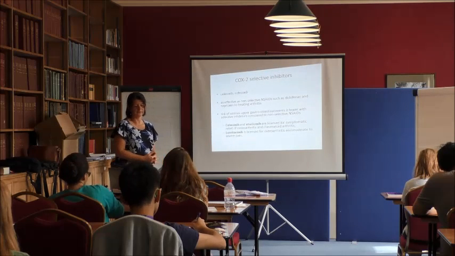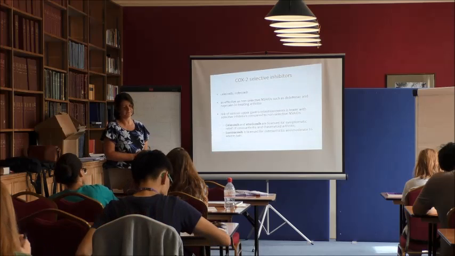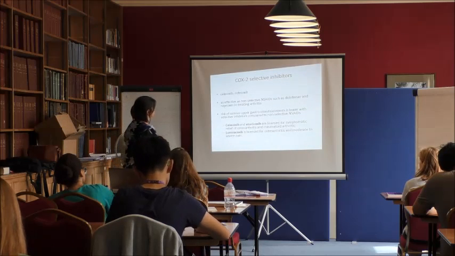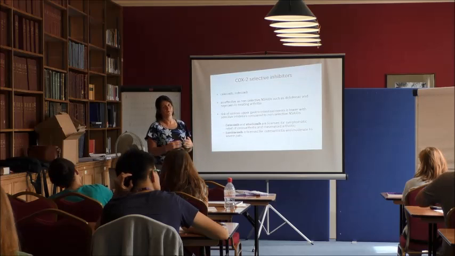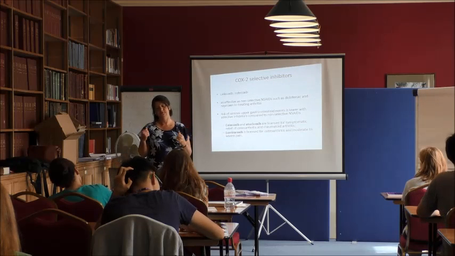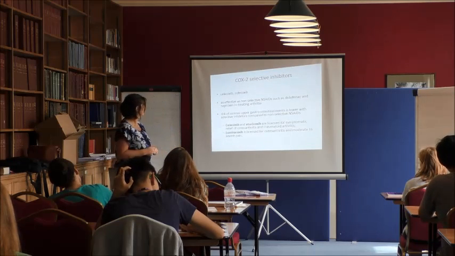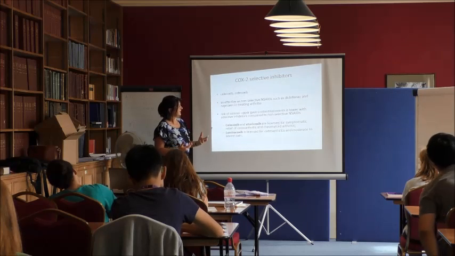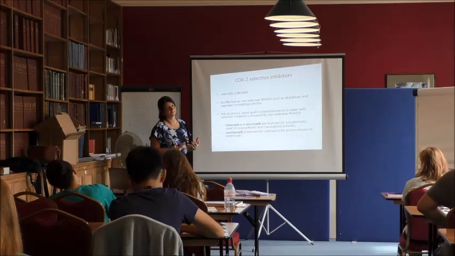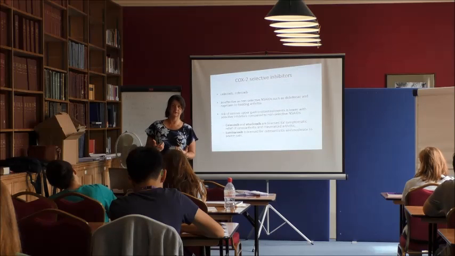And indeed, within a very short space of time, a number of COX-2 selective inhibitors were identified. So we had celecoxib and rofecoxib, the two ones that came along first. And they were shown to be as effective as the other NSAIDs. So diclofenac was used for treating arthritis and still is used.